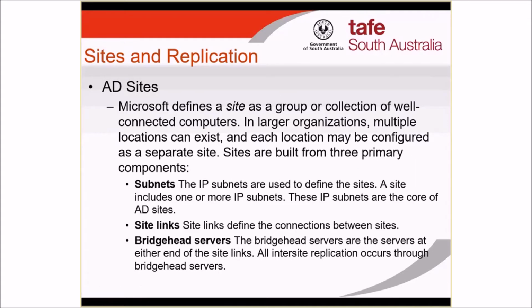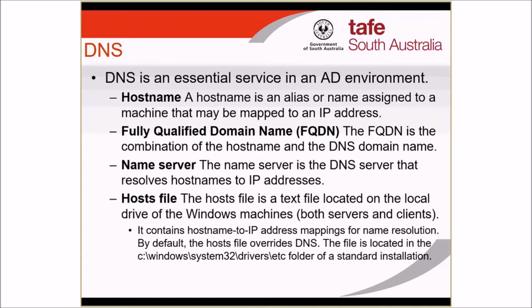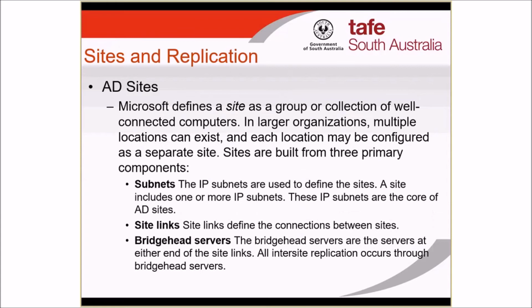Like I mentioned, going back, DNS is essential for Active Directory because besides resolving names to IP addresses and IP addresses to names like it traditionally does, Active Directory actually has what are called service records, which tell the client computers who your authentication server is, who your Kerberos server is, who your global catalog server is, and so forth.